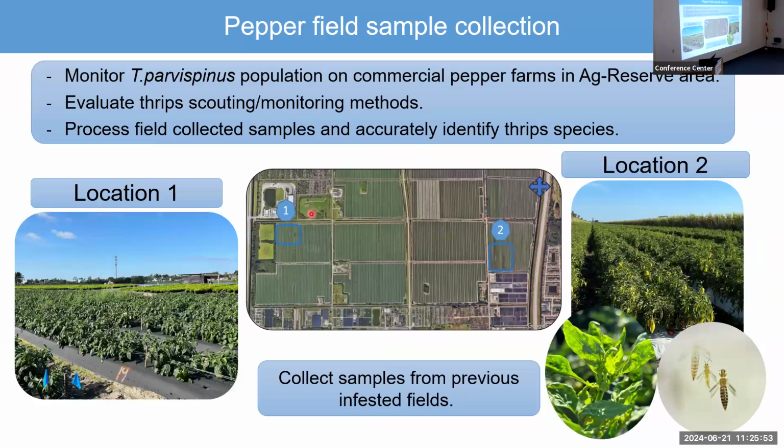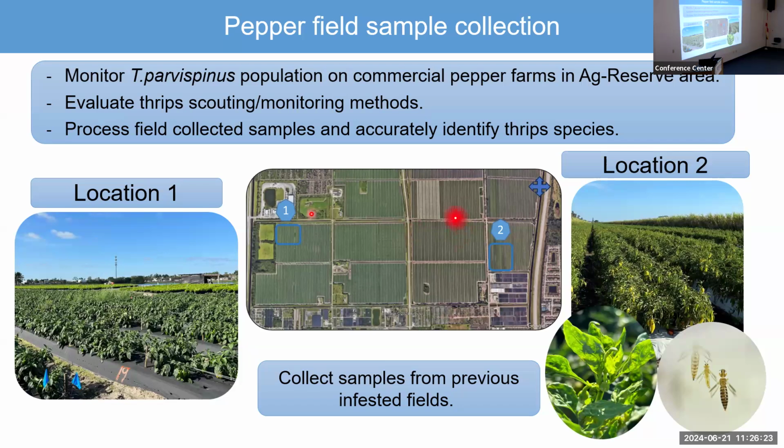The second project that I've been involved in is the pepper field sample collection. With Anna's help, we were taking samples from 2 different locations, and then we were evaluating the sampling methods and monitoring methods. We also identified the thrips that were in these 2 locations.